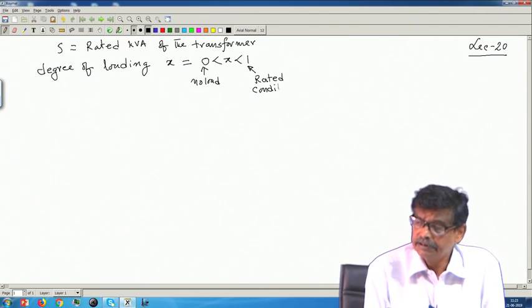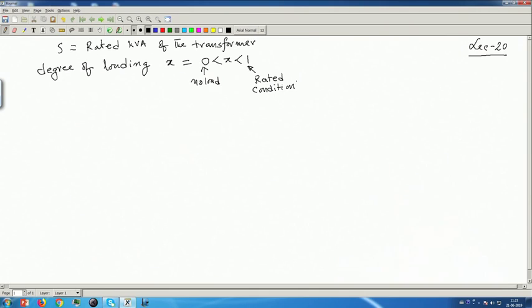What is rated condition? Rated condition is rated voltage applied and also windings carrying rated current.